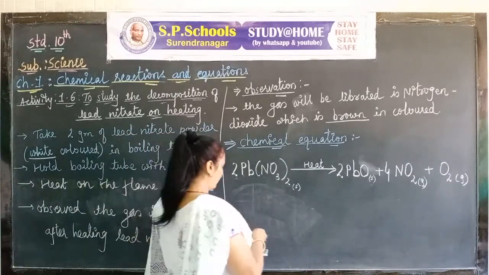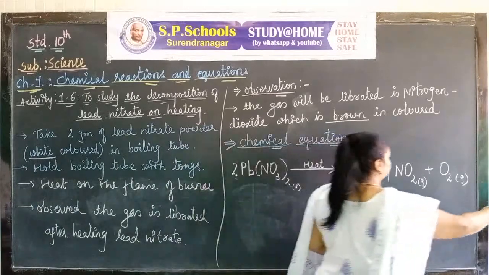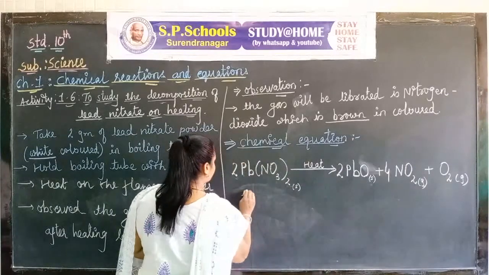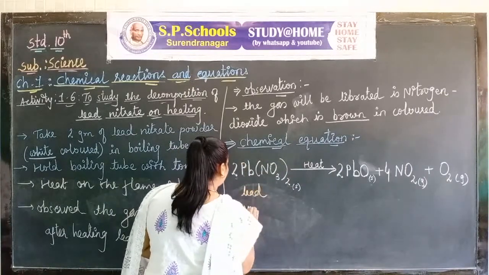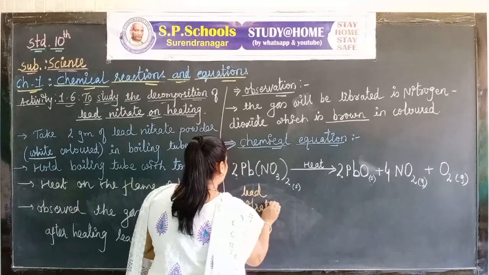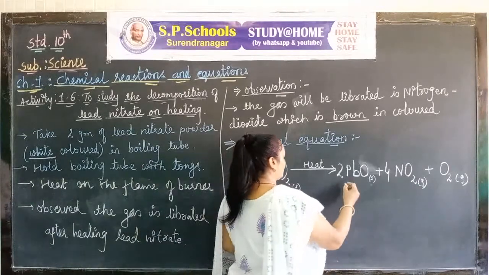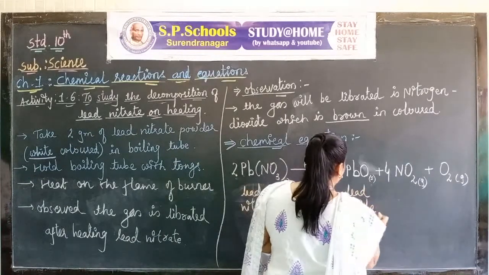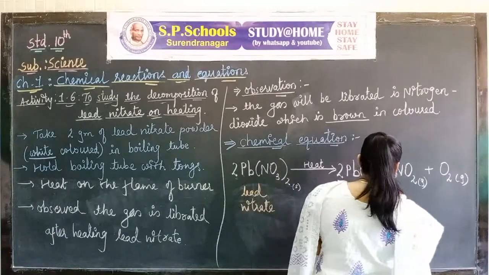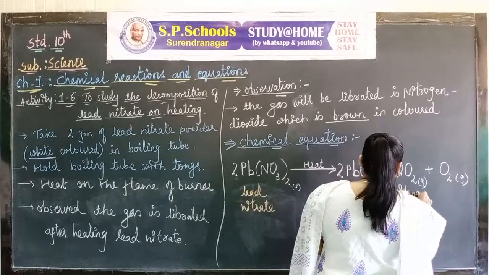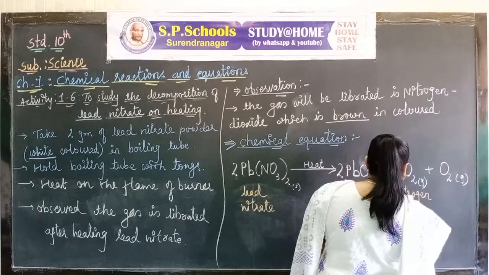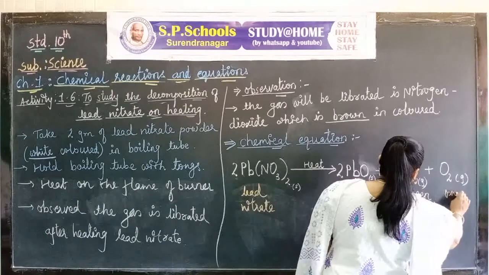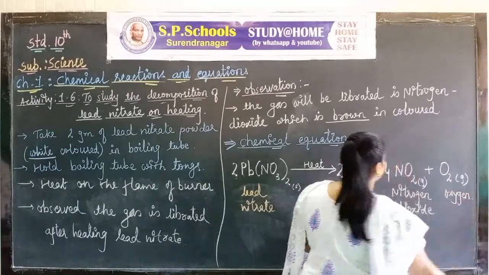Now give the names. Pb(NO3)2 means lead nitrate, PbO is lead oxide, this is nitrogen dioxide and this one is oxygen.